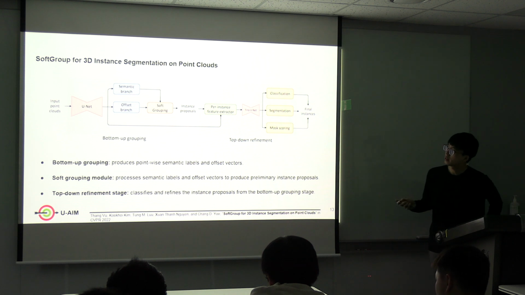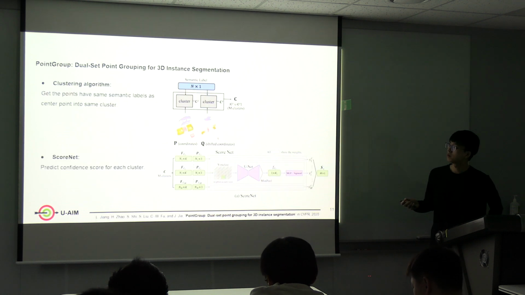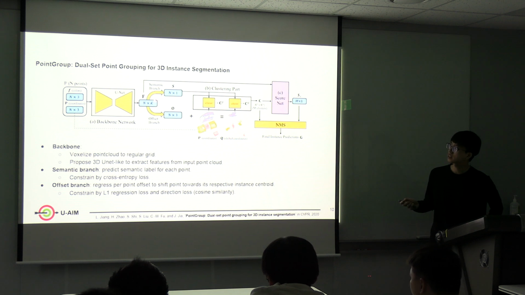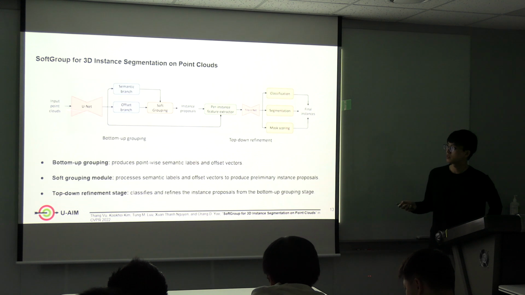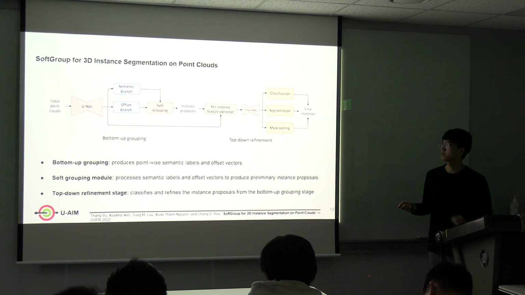You see this bottom-up grouping part is very similar to the PointGroup architecture here. It also has the UNet to predict the semantic label and the offset for each point.